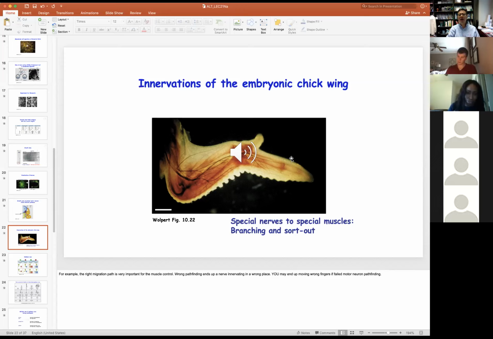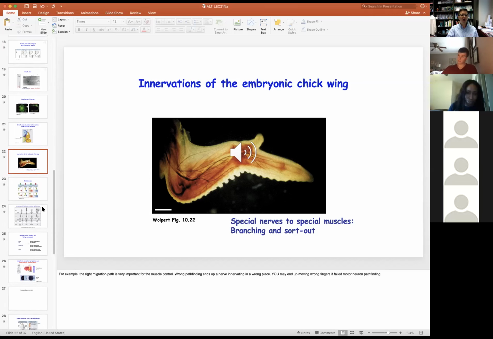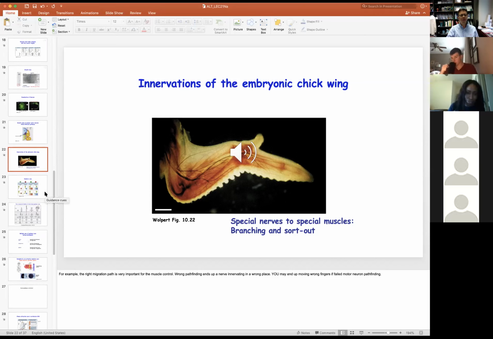But let's say their navigation or migration is somehow messed up, so they don't cross the midline, and you try to move the left, but end up moving the right hand side. That kind of consequence we can get if this cell migration is somehow defective.